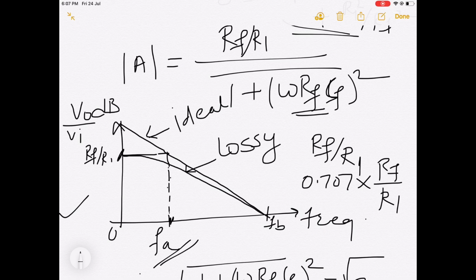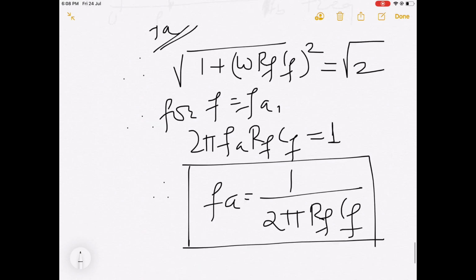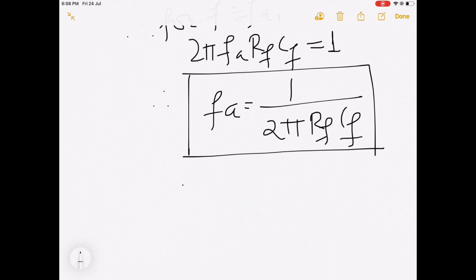So the ideal integrator exhibits minus 20 dB per decade slope through the useful integration range. The frequency FB is the frequency at which the transfer function or gain of the integrator is 1, or 0 dB. This FB is at this place, where your gain is 1 or 0 dB. Okay. That means FB is equal to 1 upon 2 pi R1 CF.